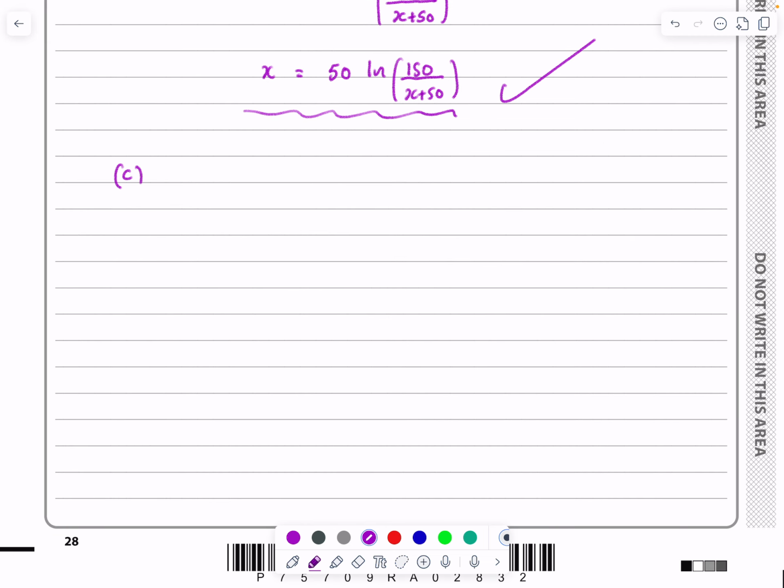Part C, it said that my iterative formula is x to the n plus 1 is given by 50 log 150 over x to the n plus 50, and it tells me that x1 is equal to 30, and it wants me to work out x2. So x2 is 50 log 150 over, and we put x1 in now, don't we?